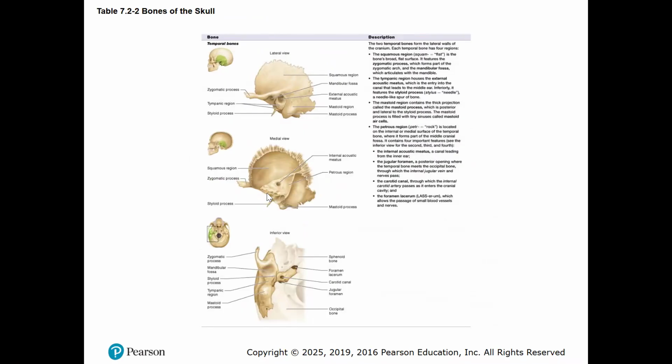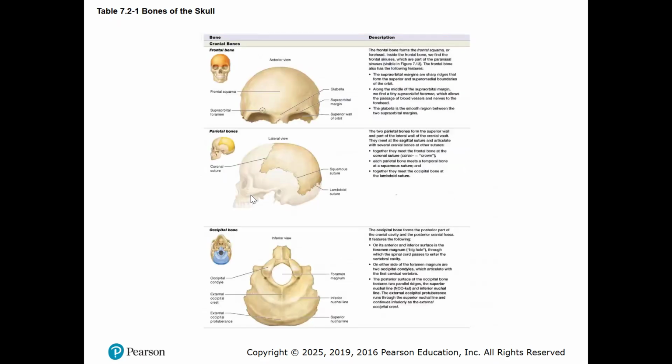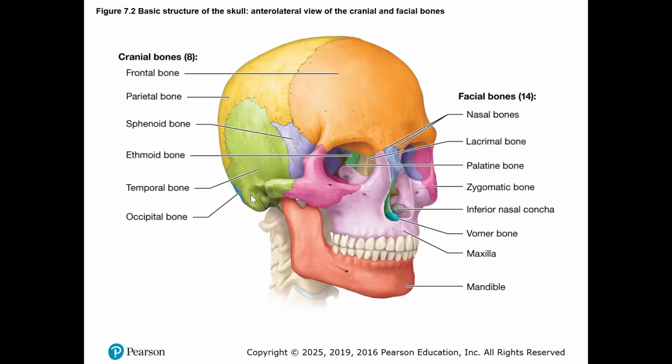When you look inside here, you see the petrous region, which is on the internal medial surface of the temporal bone, and it forms that middle cranial fossa that has your jugular foramina in it, and it also has the carotid canal in it. So some very important structures here of your internal temporal bone.